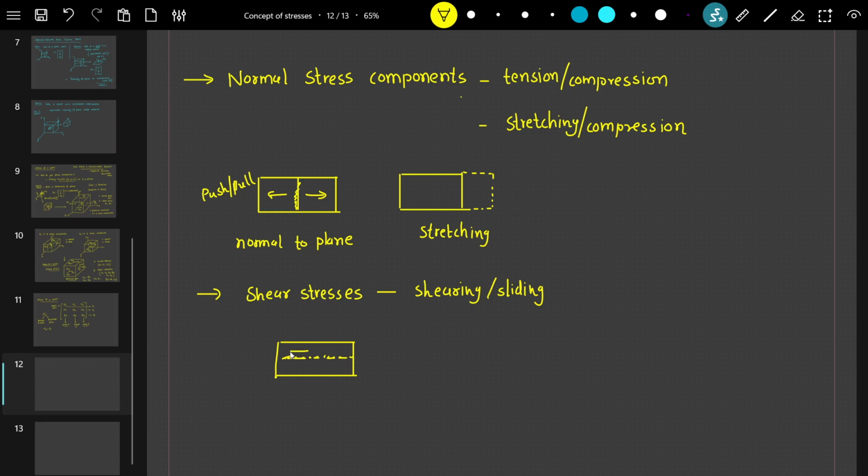The shear stresses act in the plane, not normal to the plane, and they result in sliding. So hope this is clear.